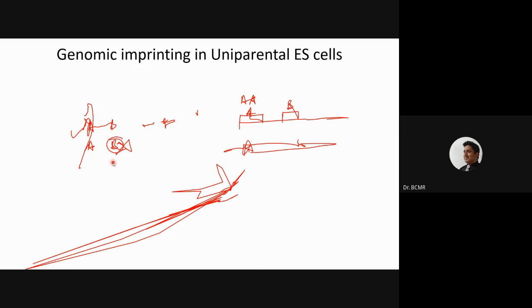If it were uniparental, then you may have 2X A expression or 2X B expression. And that is not a good thing, right? Either there would be overexpression of some genes or underexpression of some genes, and in either case, it is bad for the embryo.